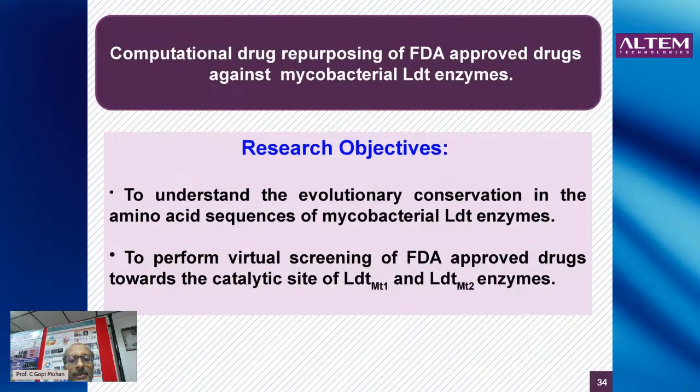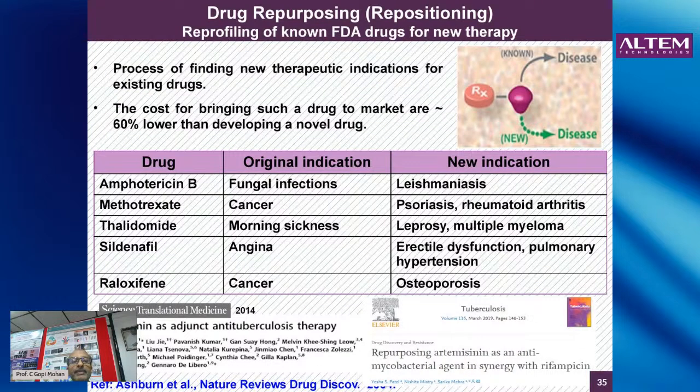Here our main objective is to do virtual screening of FDA approved drugs, because we thought it would be easier to get already repurposed drugs, which will also serve the drug discovery program. It will be much easier than finding a new chemical agent and going for regulatory approval.